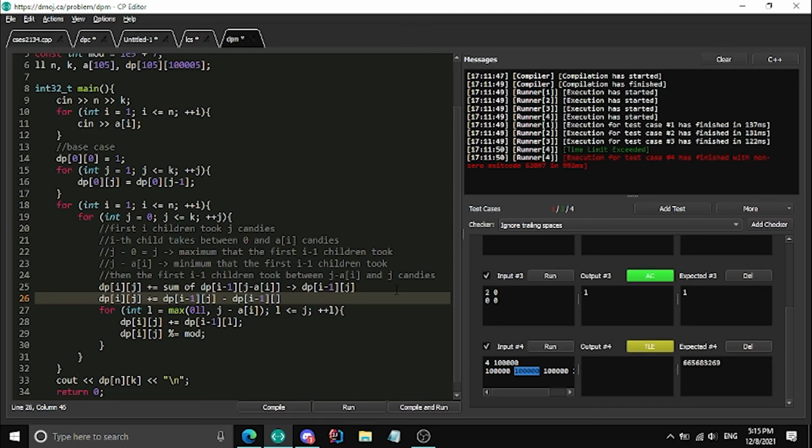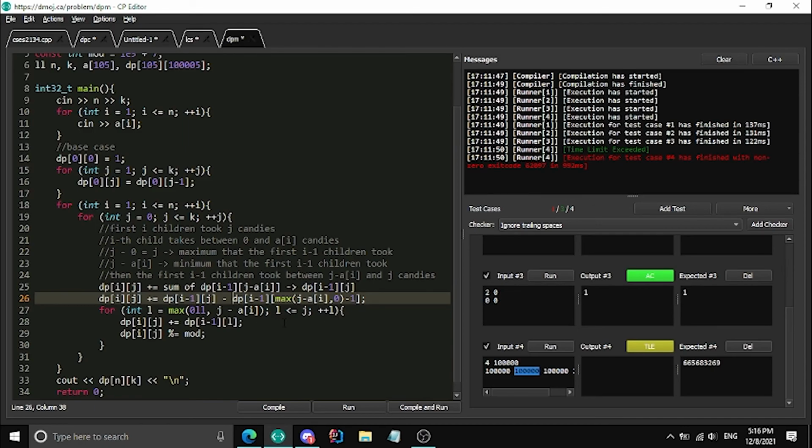So that's dp at i minus 1 at the maximum between j minus a at i and 0, minus 1 here. Now the only problem is if this actually turns out to be 0, we don't want that to go into a negative value, and we don't have that defined anyways.